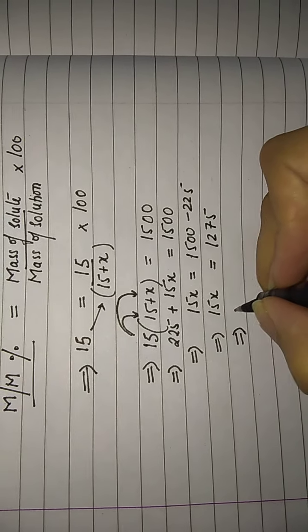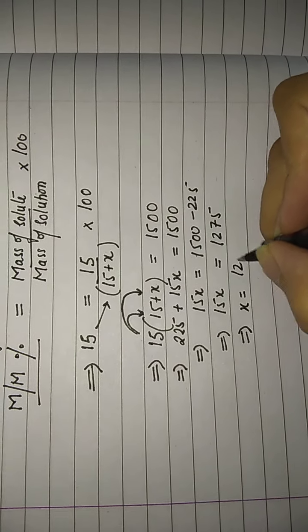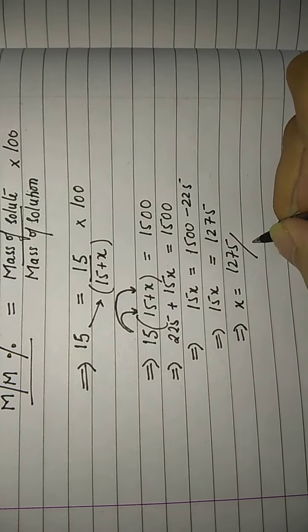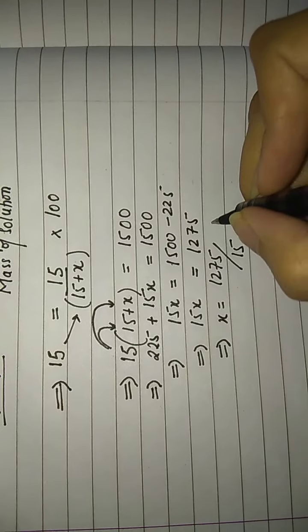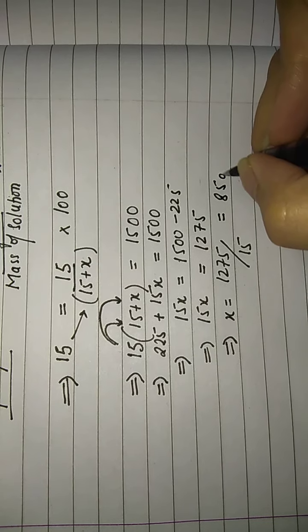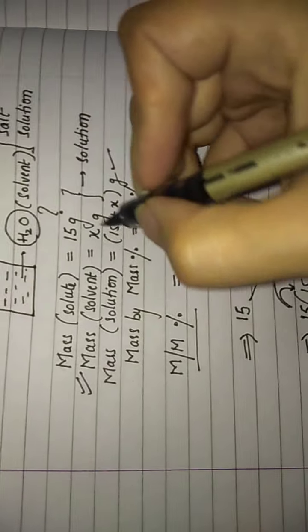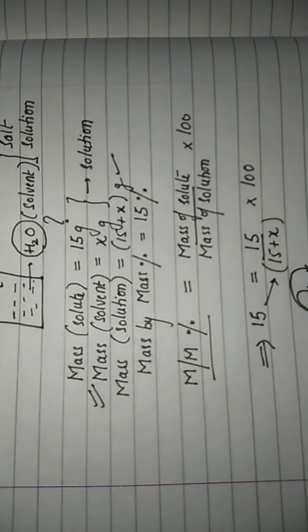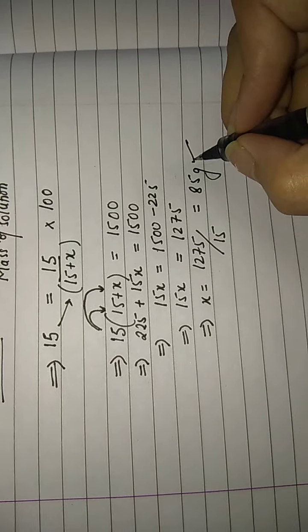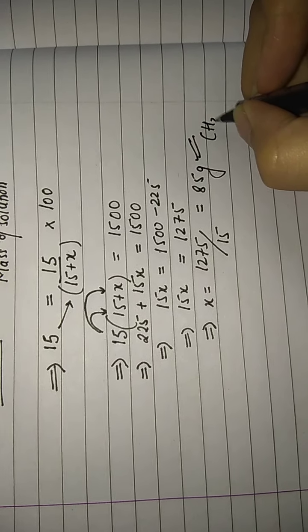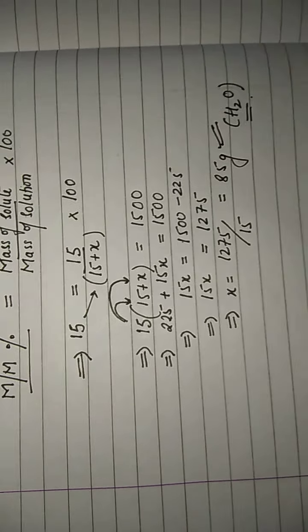Now I can calculate the value of x, which will be equal to 1275 divided by 15, which is equal to 85 grams. Why I am using the unit of grams? Because I took x as the mass of solvent. Okay, I took it as x grams. So 85 grams is the mass of solvent water, which I had to calculate.